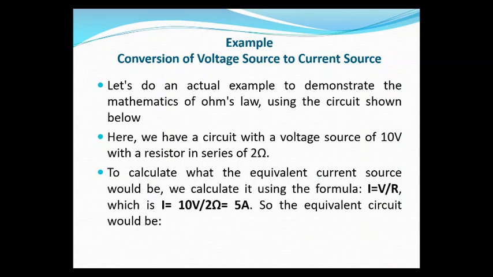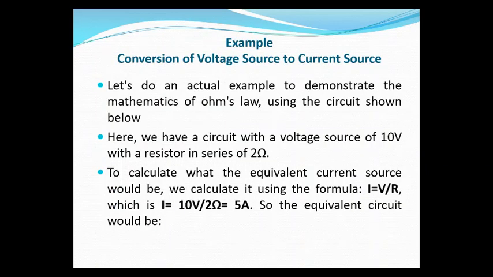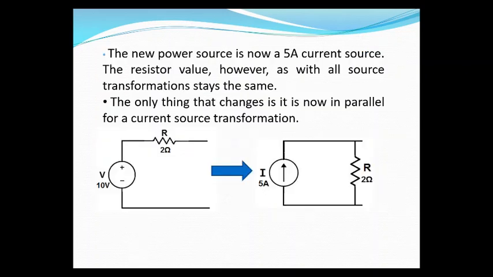Let's do an actual example to demonstrate the mathematics of Ohm's law using the circuit shown below. See here, a 10 volt voltage source is in series with a 2 ohm resistance.